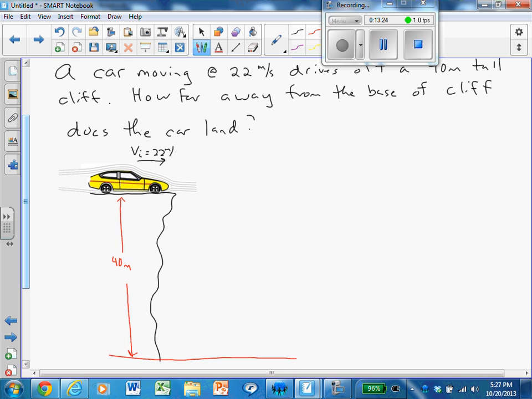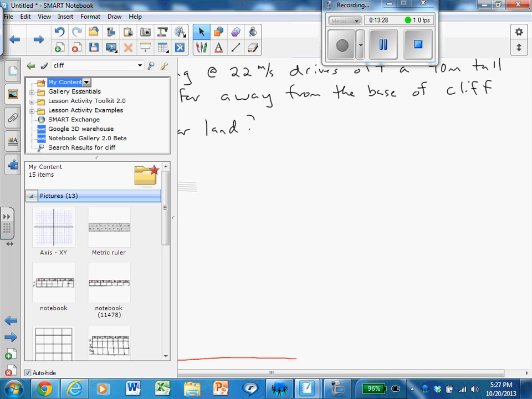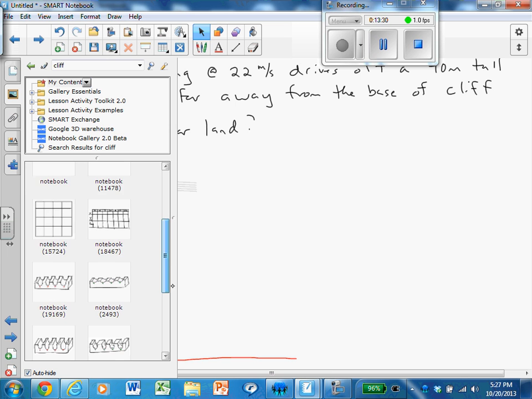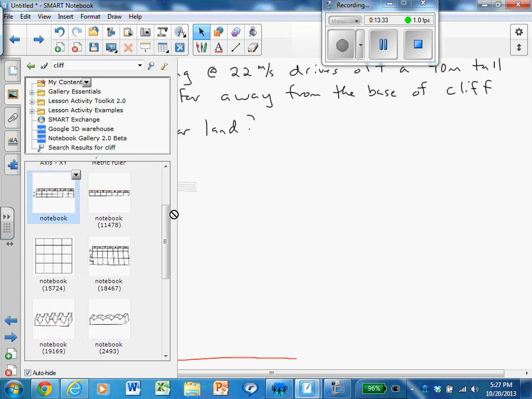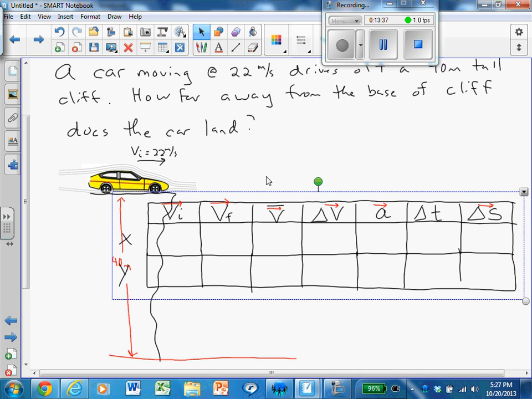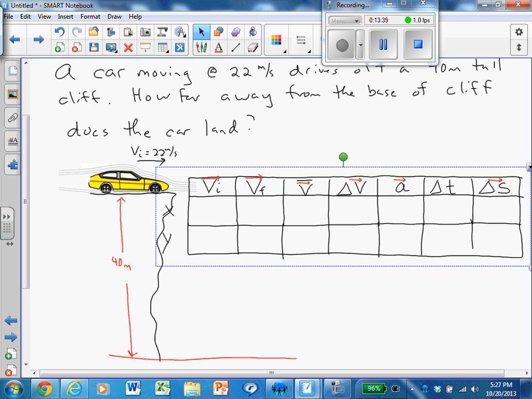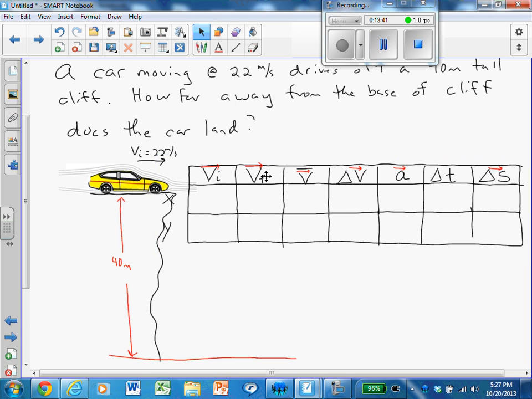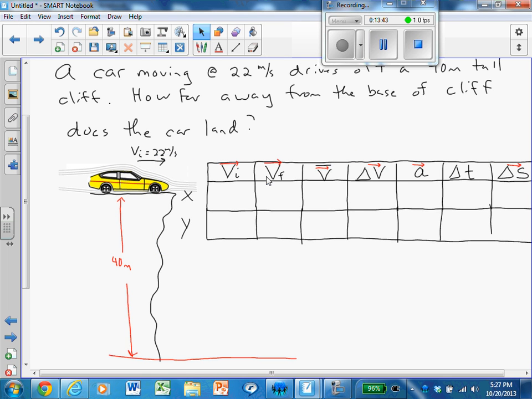Okay? Well, when we do that, we can get out our chart here. We have the x direction and the y direction.